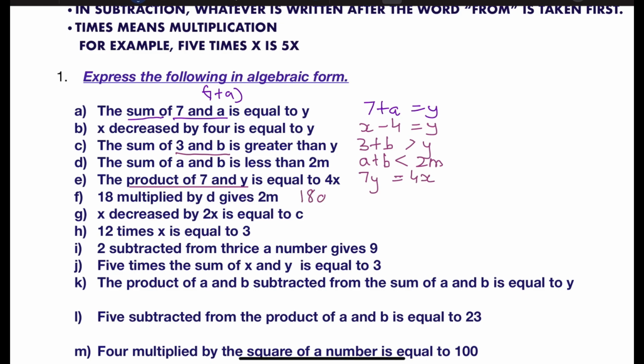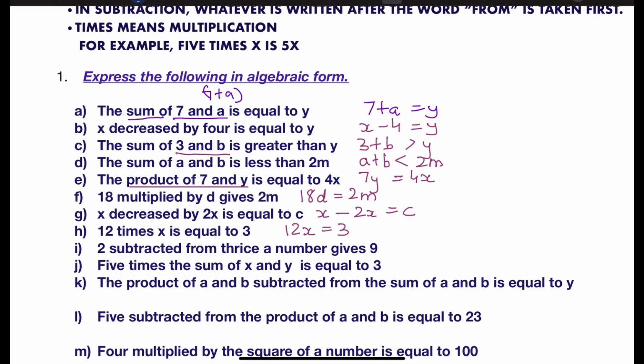X decreased by 2x is equal to c. Easy. 12 times x is equal to 3.